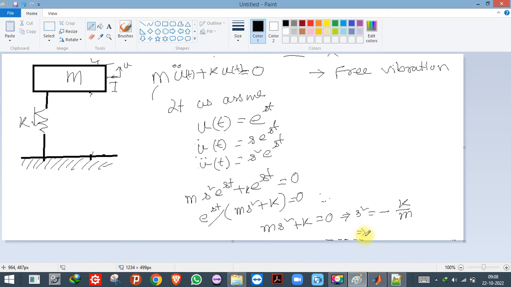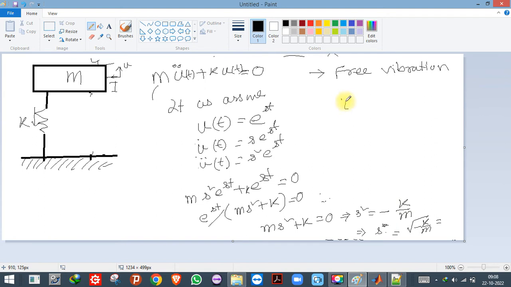So s will become square root of minus k upon m, and we know that i equals square root of minus 1.